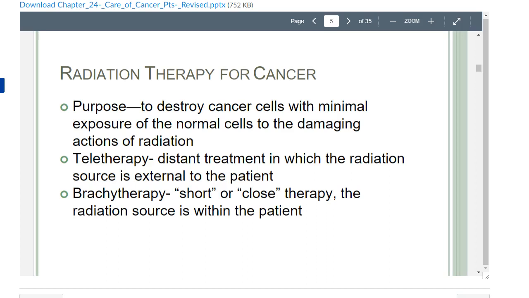It provides a high dose of radiation and a limited dose in surrounding normal tissues, okay? And what they do is they use some kind of radioactive isotope, either in a solid or within body fluids. And the patient can emit radiation for a certain amount of time and really is hazardous to others.